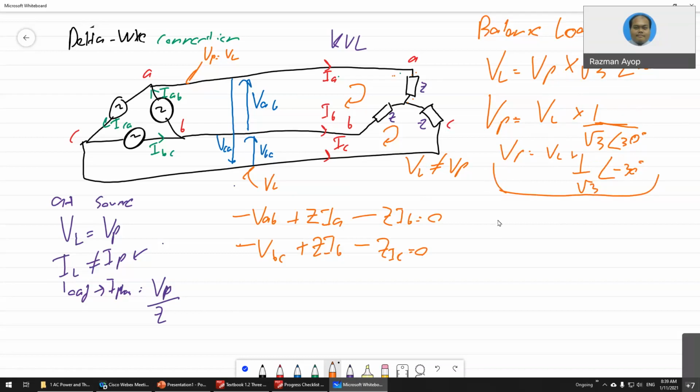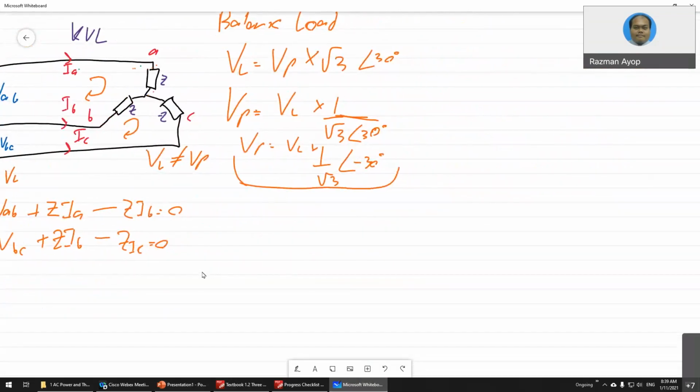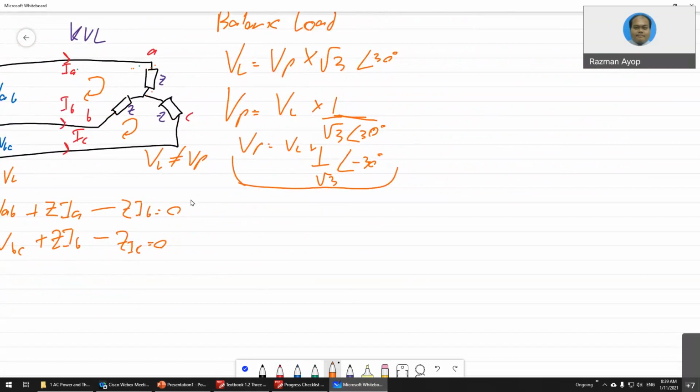Okay, right now we apply it because we want to find the phase voltage at the load. Let me move this. Okay, you just focus on this one. So just use the formula. VAN, because this is neutral, the voltage from A to N, VAN.